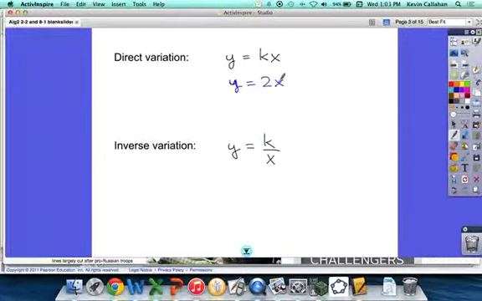The constant, this k, is called the constant of proportionality. And you might even see in this book they might call it the constant of variation.